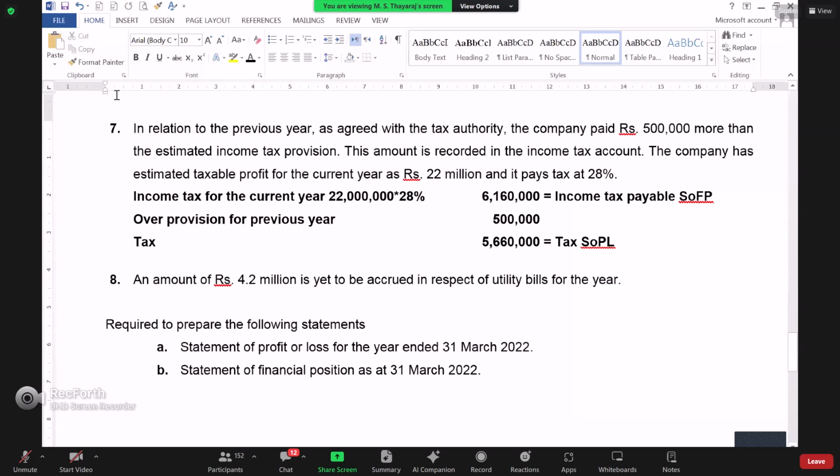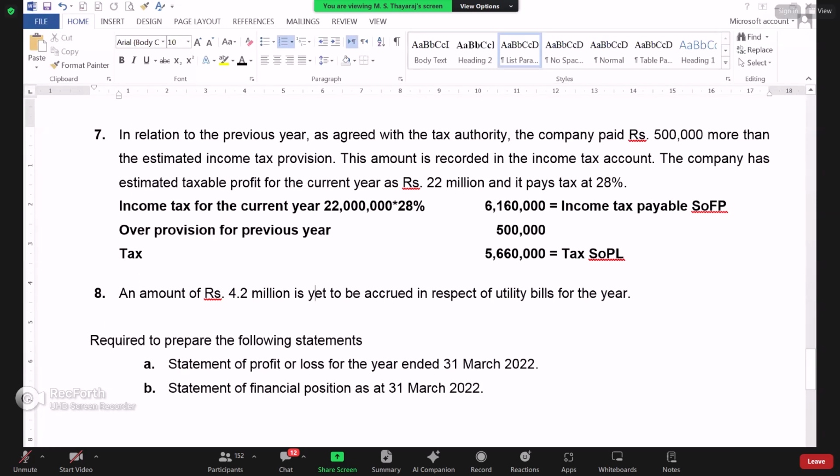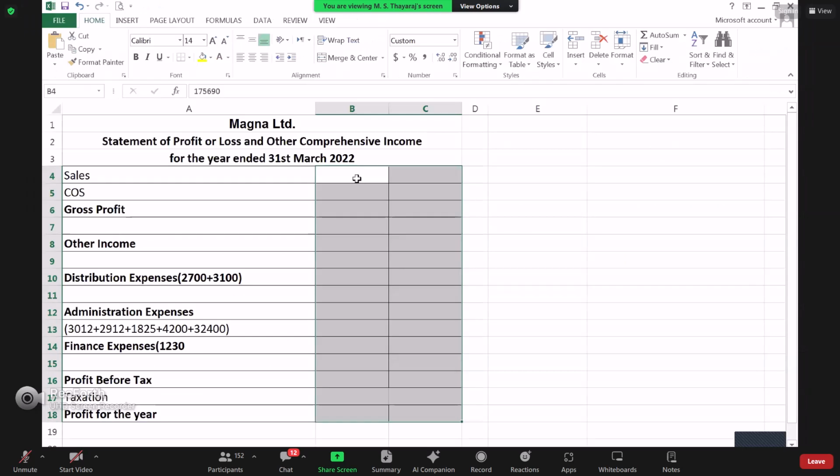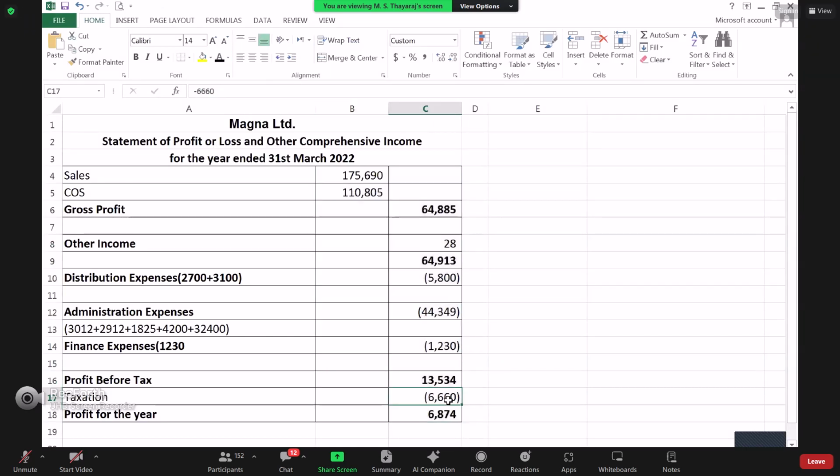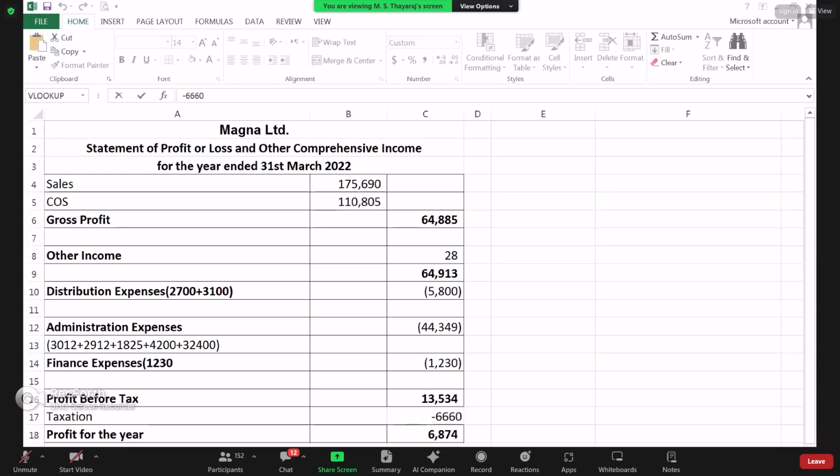Okay, I will put the answer, and you can check it. Here you have to put the taxation. How much is the change in the taxation? What is the taxation amount? Taxation 560.